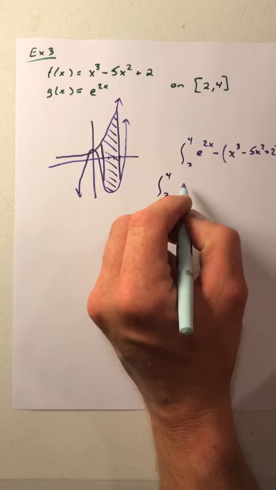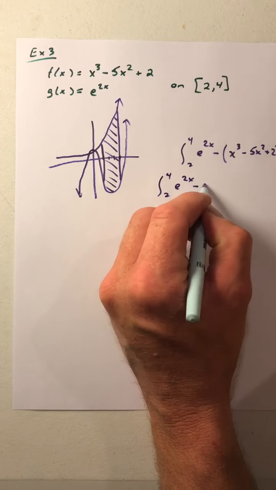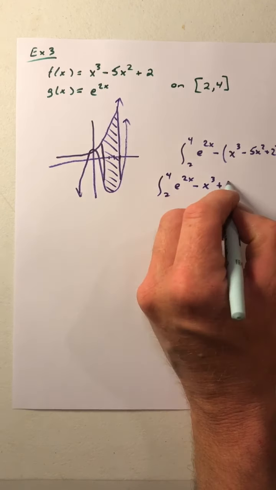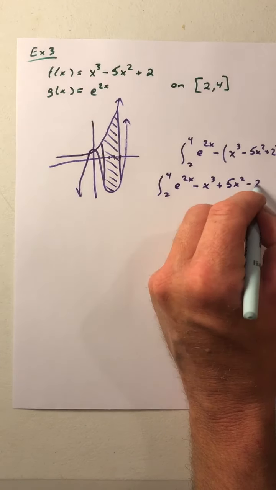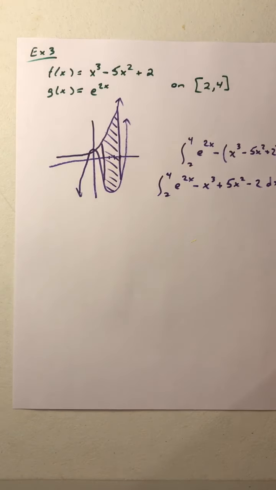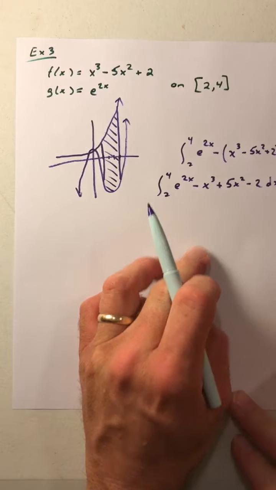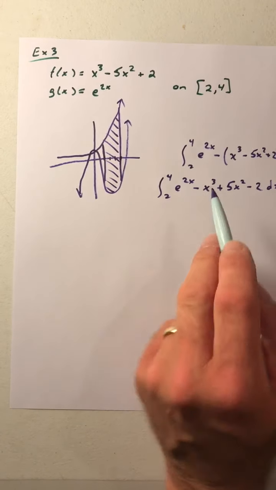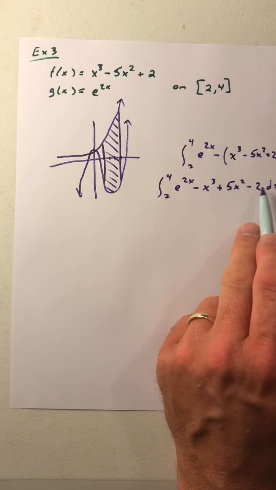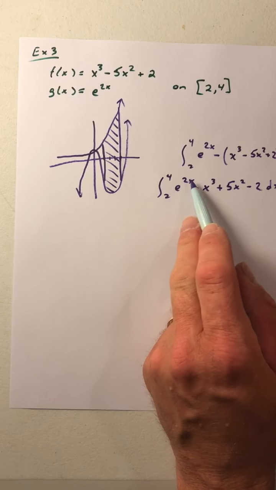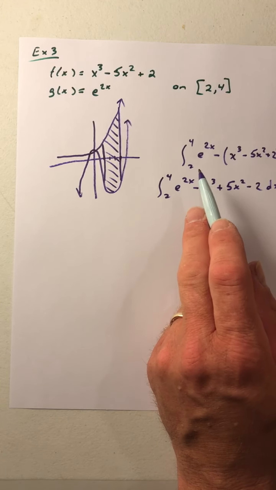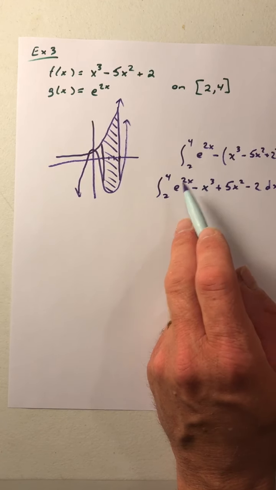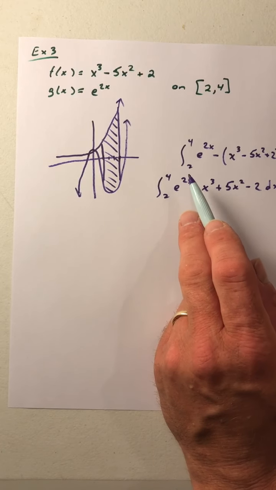So we can integrate from 2 to 4 of e to the 2x minus x to the third plus 5x squared minus 2 dx. Now we know the integration of x to the third, 5x squared, and 2. E to the 2x, if we had a single variable as an exponent, we would know that integration.